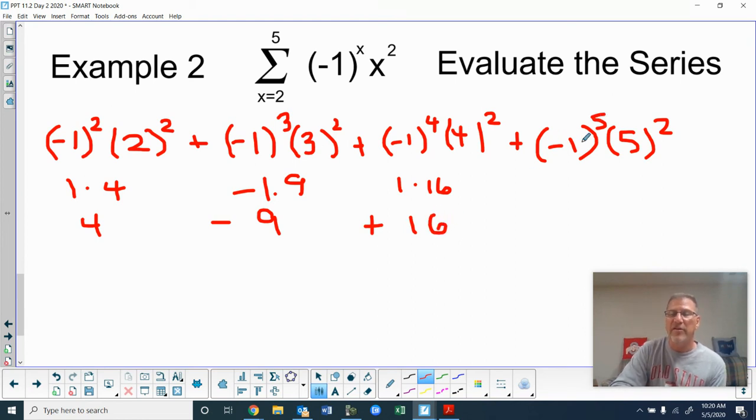And -1 to the 5th, another odd exponent, so that's -1. And 5 squared is 25. So that's -25.